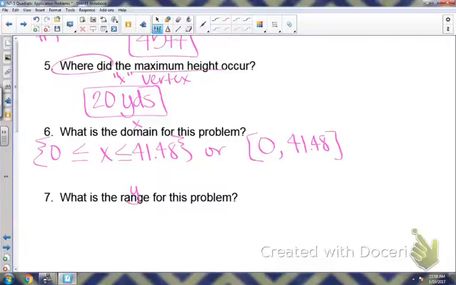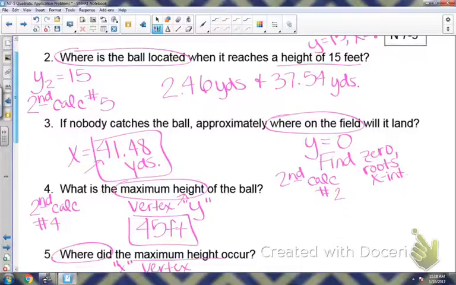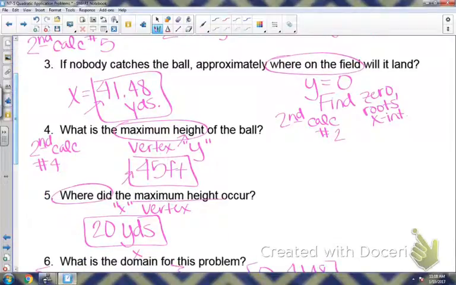Let's look back at the graph. The smallest y value here is also 0 because the height is 0 at some point whenever it reaches the ground. Okay, so it's from 0, goes all the way up. We need to find that highest height there. Okay, remember that's your maximum, which is your vertex. So we found that. It was 45.